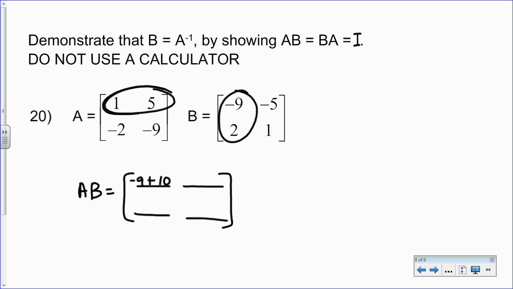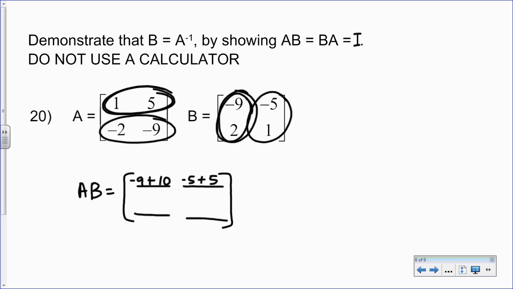First row, second column, that's -5 plus 5, right? So I'm doing 1 times -5 plus 5 times 1. And then second row, first column. When it says don't use a calculator, you can use the calculator for your calculations, like just the multiplying part. It just means don't type this into the matrices and do the matrix multiplication on your calculator.